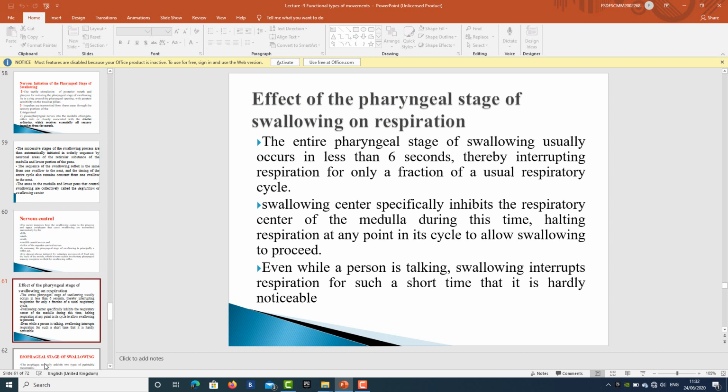Now, effect of the pharyngeal stage of swallowing on respiration. What is it? The entire pharyngeal stage of swallowing usually occurs in less than 6 seconds, thereby interrupting respiration for only a fraction of a usual respiratory cycle.